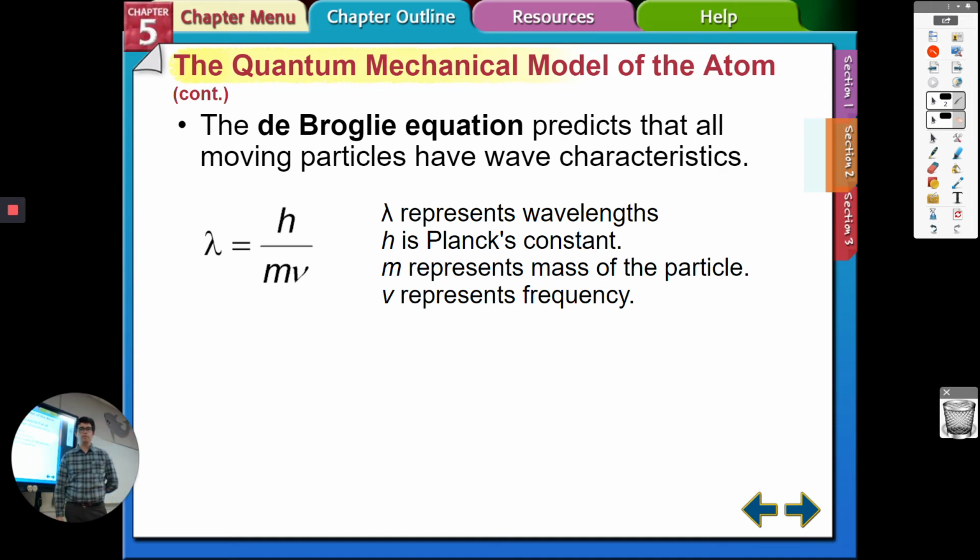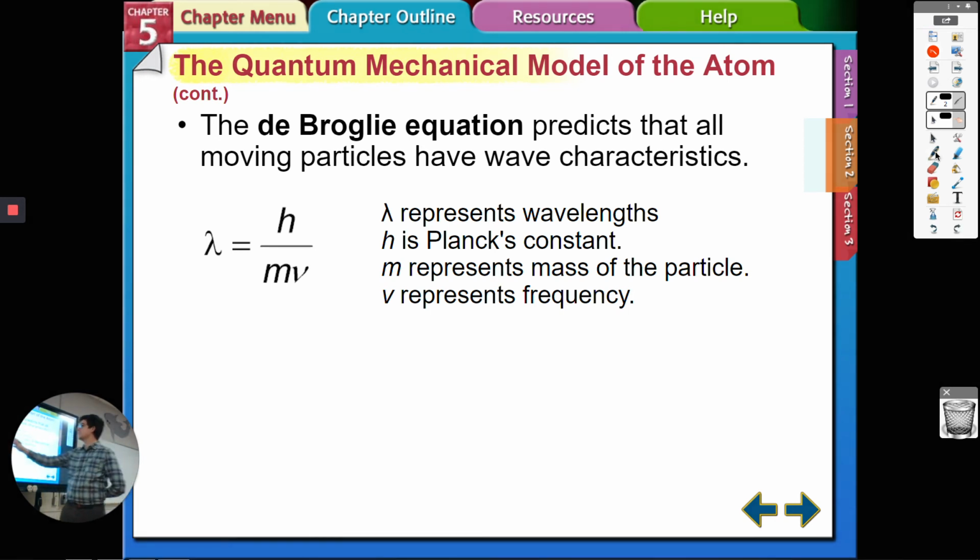Something else that exists and you should be aware of, but that I'm not going to require you to know for your exam, is that there's an equation to relate these. You already know what all these things mean probably, and if you don't, you can read it on the slide. What does this mean? Lambda represents wavelength. H is Planck's constant.